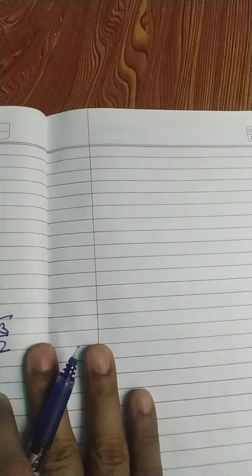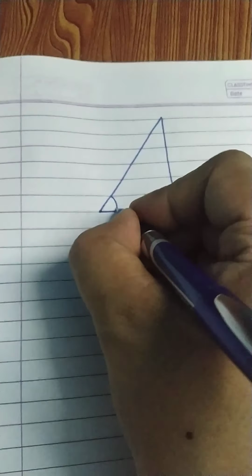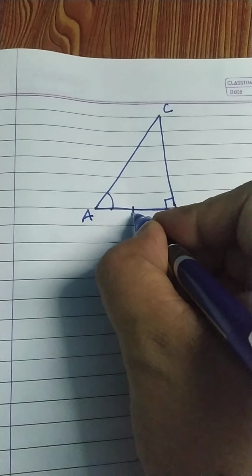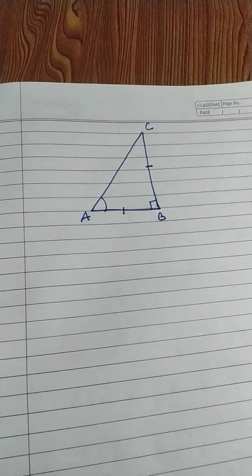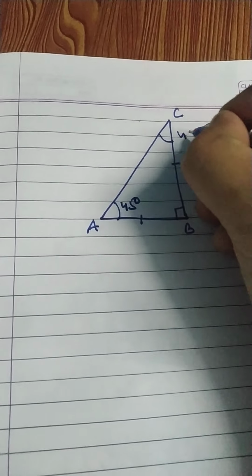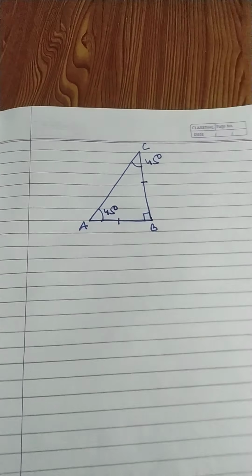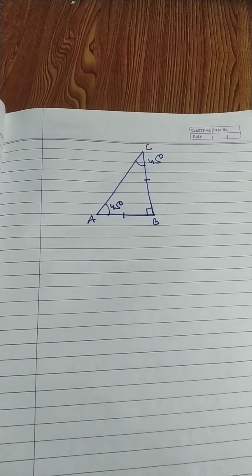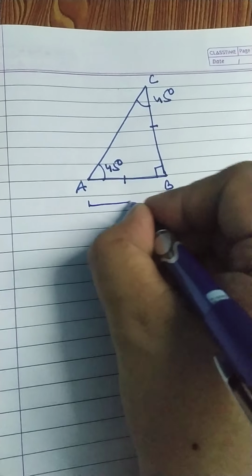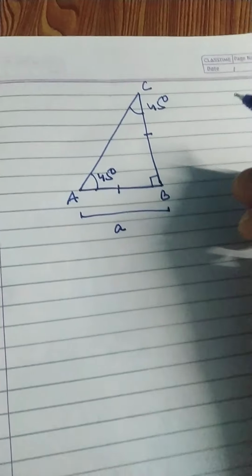To derive the trigonometric ratios for 45 degree, we consider an isosceles right angle triangle, where the length of side AB is equal to BC. The angles A and C are each equal to 45 degrees. So if we consider the length AB as A, BC will also be A.